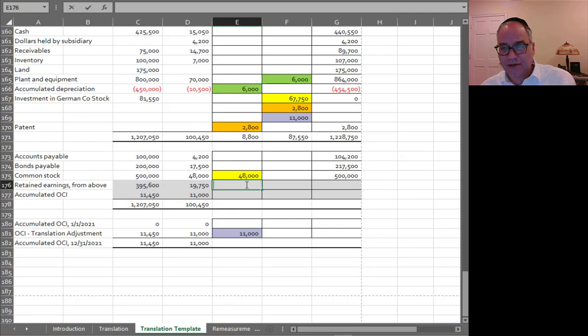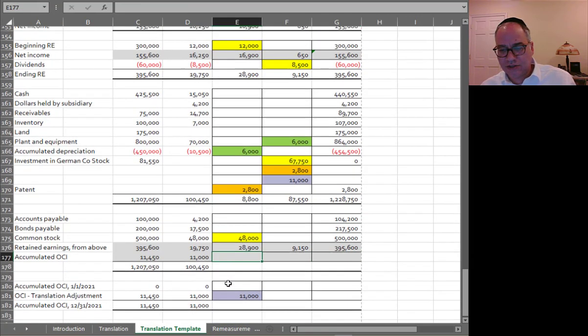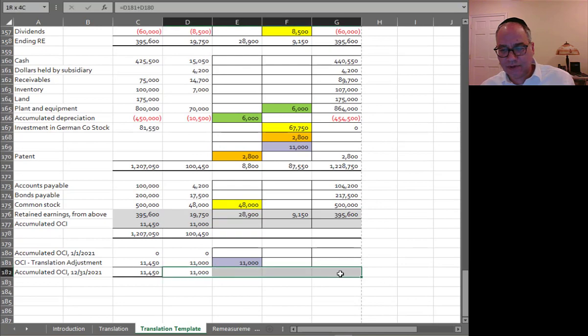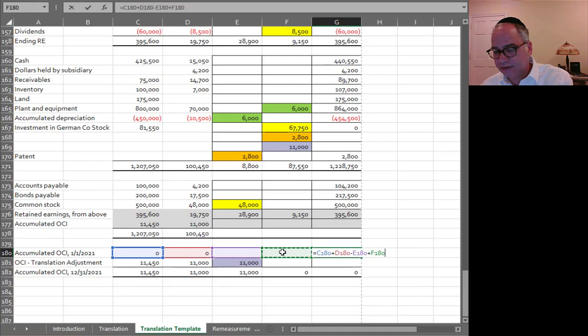Here you have to be very careful to carry forward your retained earnings. Accumulated OCI should be carried forward from the accumulated OCI section. Plus, plus, minus, plus.